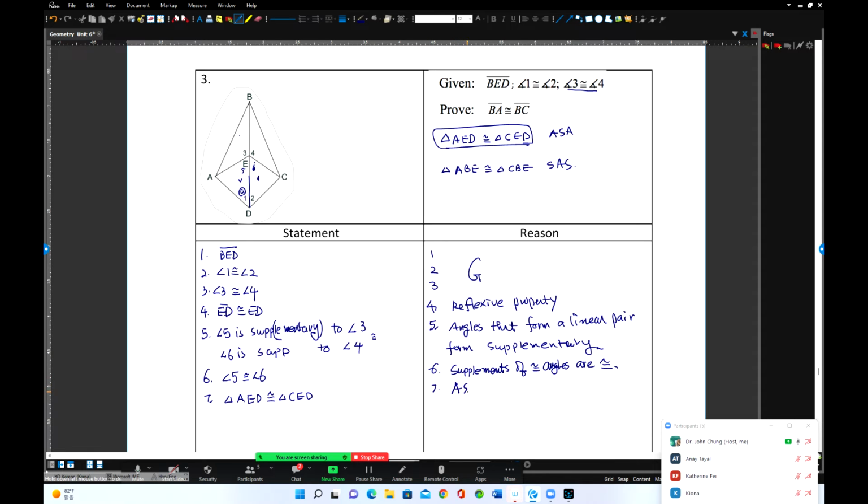Sometimes we can give the reasons by number: from angle 1, 2, from number 3, and number 4, reflexive, and number 6. Sometimes we can give the reason as numbers 3, 4, 6.